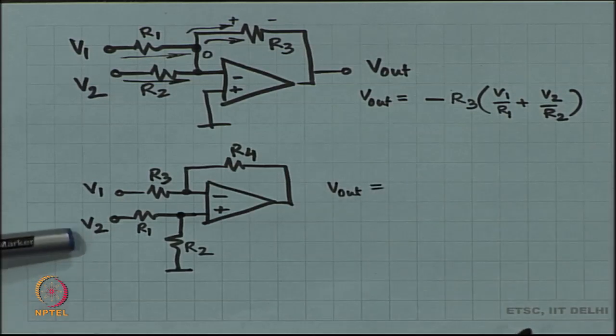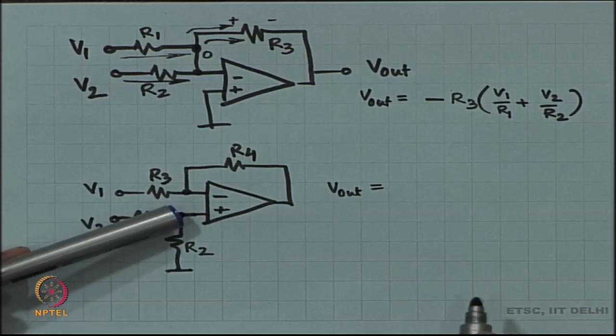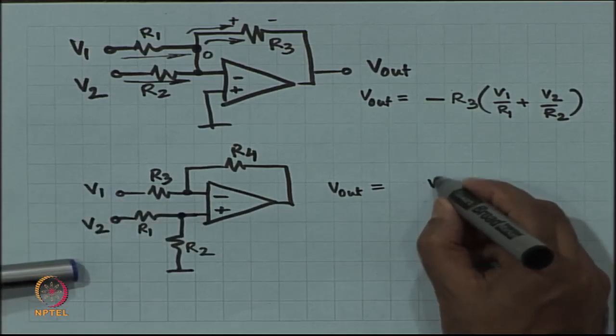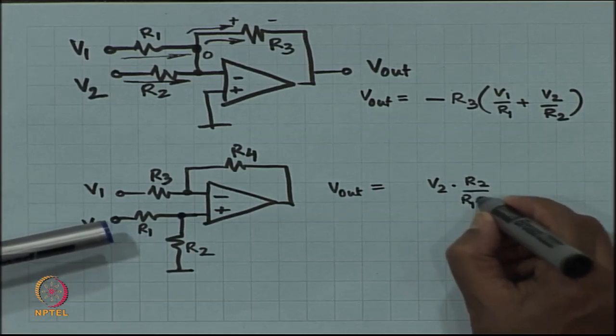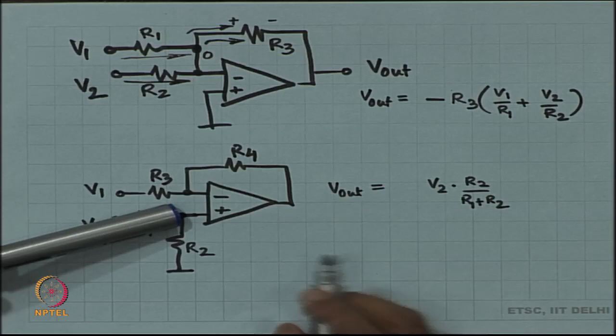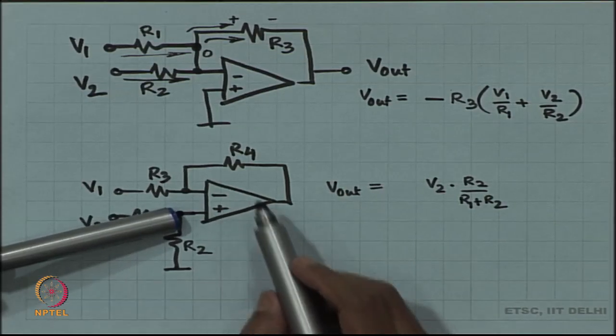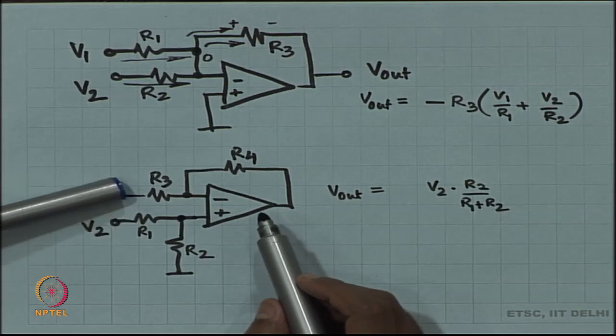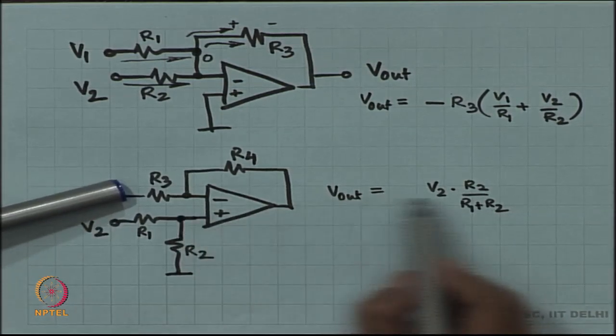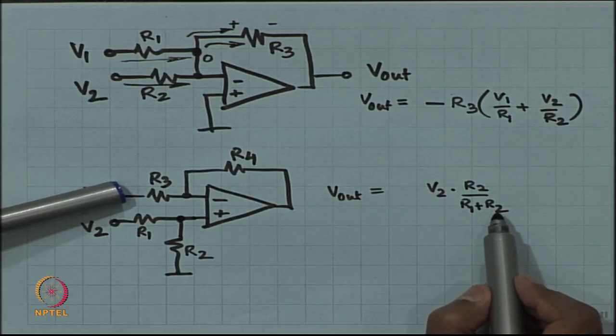So, if I apply only V2 and V1 is ground, then to start with the voltage at the positive terminal is V2 into R2 by R1 plus R2. This voltage is going to be amplified by a factor, remember V1 is ground, this node is at ground, this node is V2 times R2 by R1 plus R2.